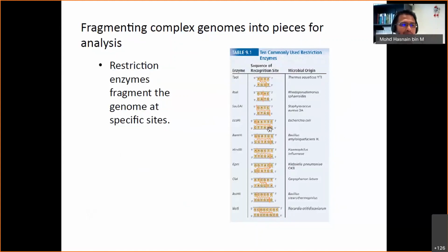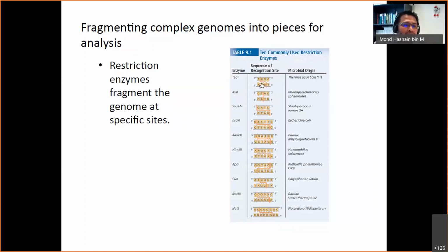For example, this restriction enzyme, TAC1, will recognize TGCA. It will not recognize other sequences to cut.